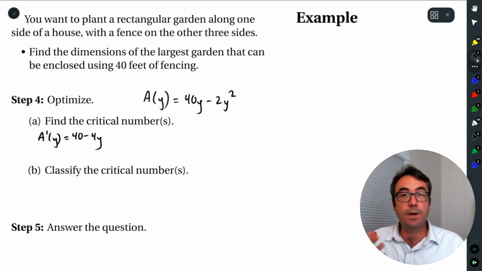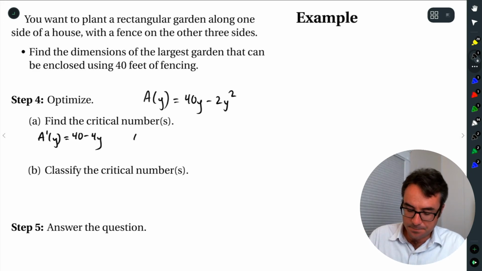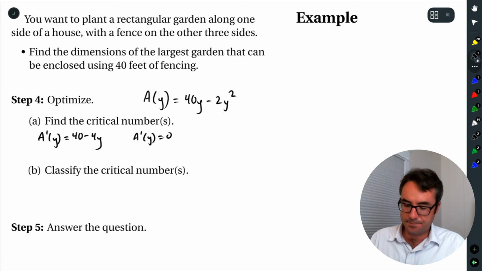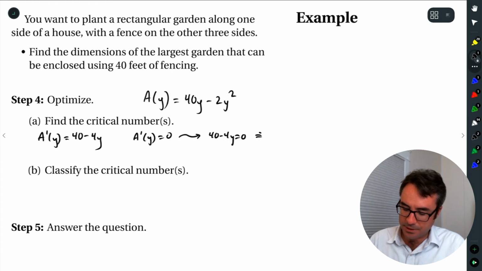And then we want to look, where is our derivative 0? Where is our derivative undefined? If I set my derivative equal to 0, what do I get? I get 40 minus 4y is equal to 0, which tells me y could be 10.